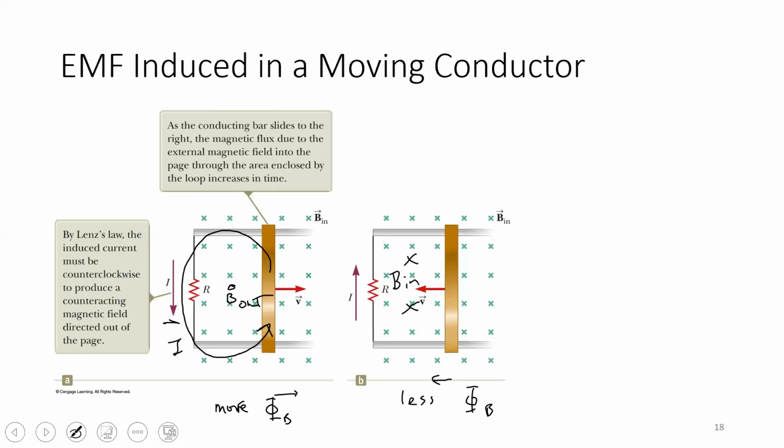And again, if we use our right hand, we point our thumb in the direction that we want that magnetic field to happen, and our fingers will naturally curl around in the direction of the current that causes that magnetic field. So that's the direction of our current if we move the rod in. So moving this rod back and forth, you can induce current in back and forth directions, which is kind of interesting.